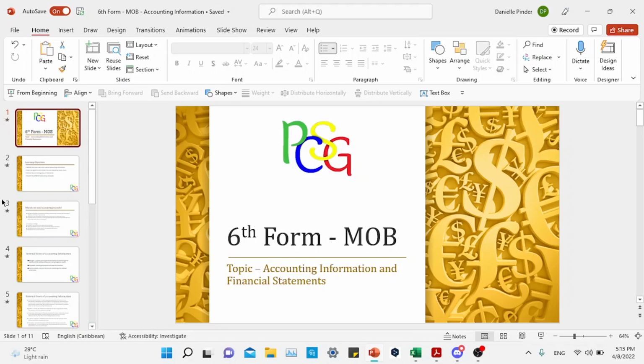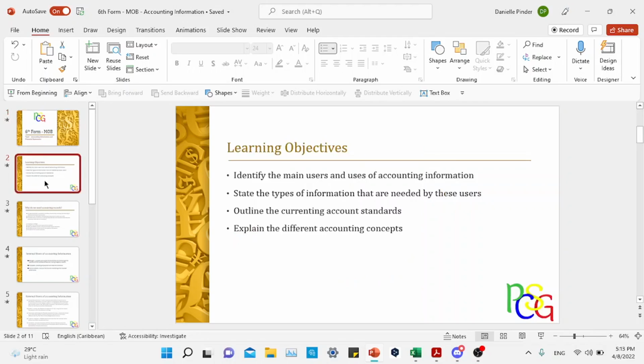I told you Monday that we are going to be doing, I know I said financial statements, but we'll be doing accounting information as well, right? So these are the 4 goals that we have for today: to identify the main users and uses of accounting information, and to also look at the types of information that is needed by these users, and also to look at accounting standards.